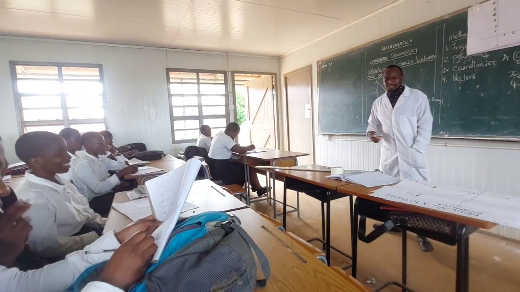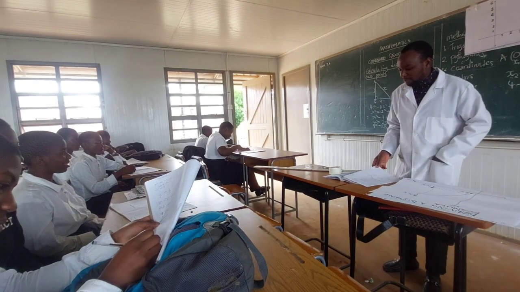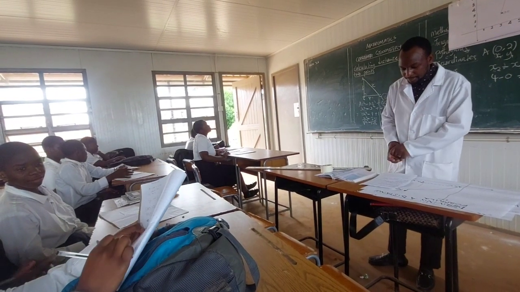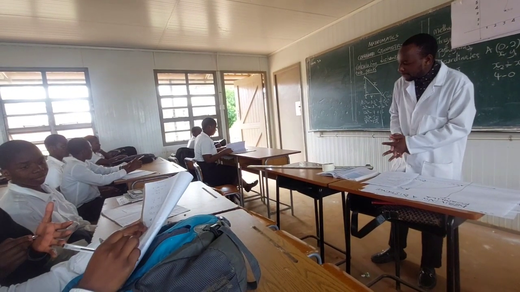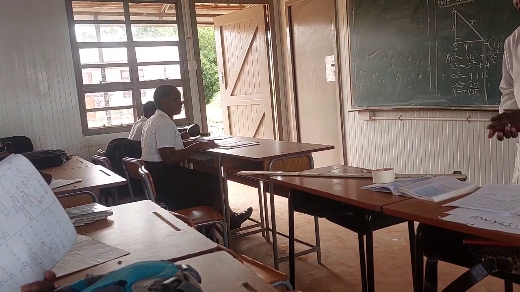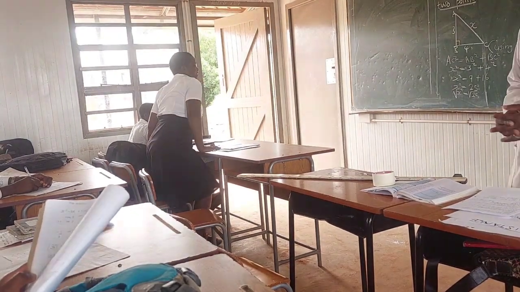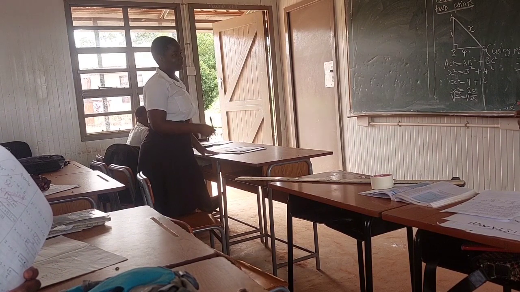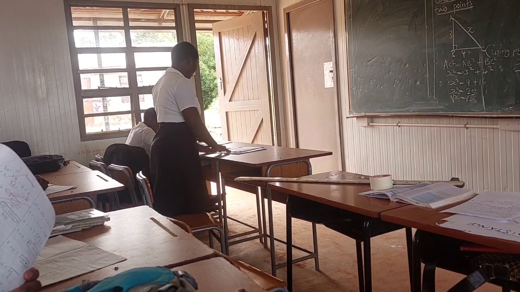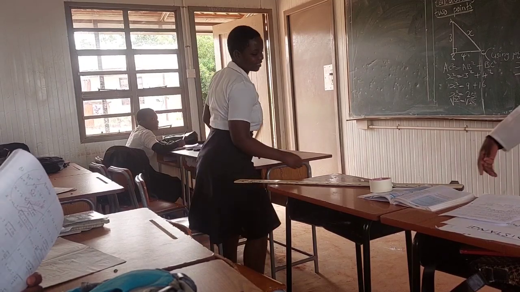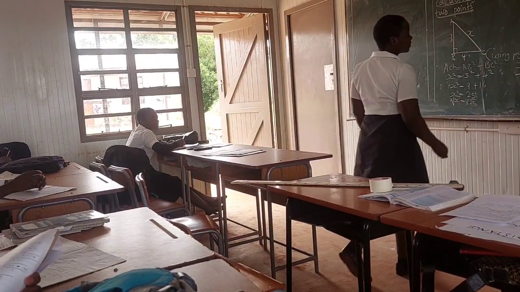Let me give you the chance to explain what you have done. You can stand up and tell the class. Can you say in English? Or maybe just come if you can't express yourself.